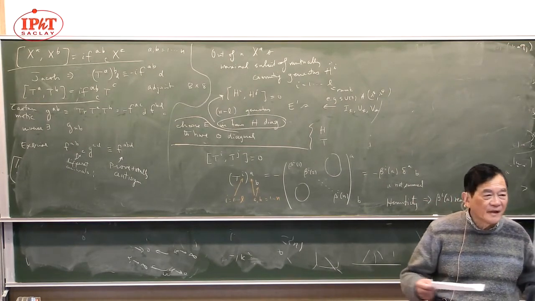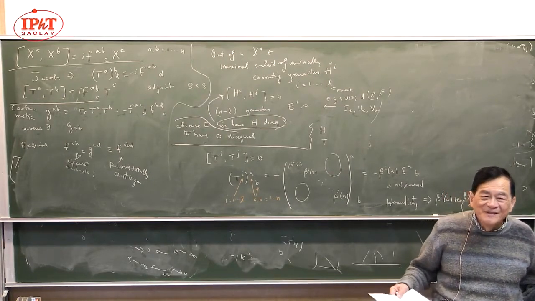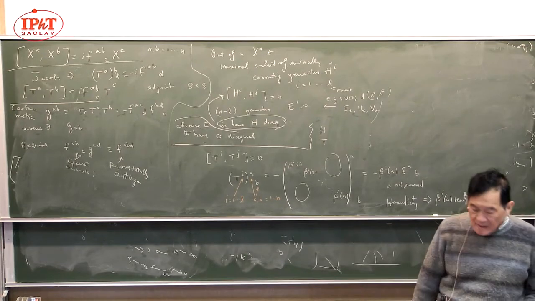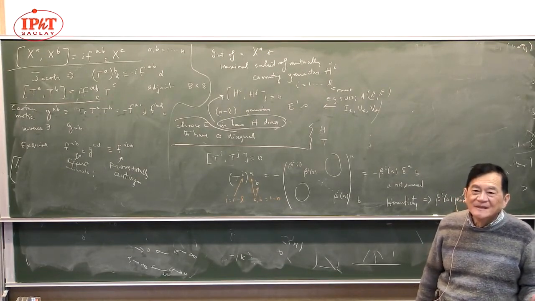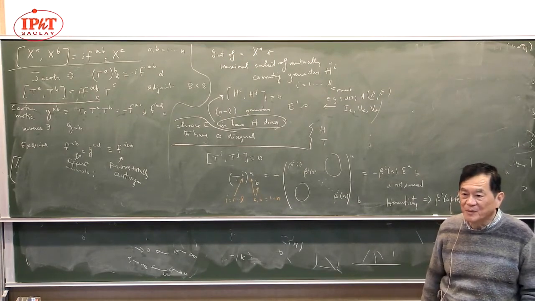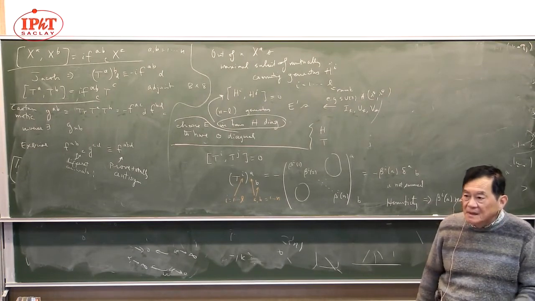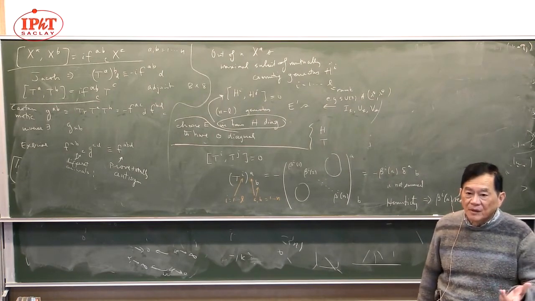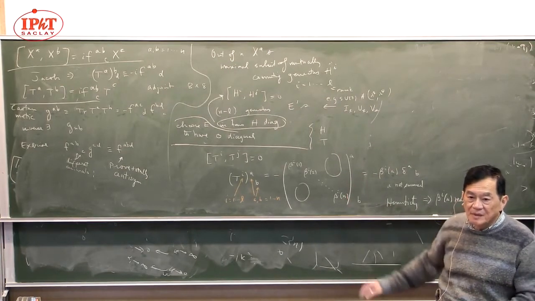I won't identify the student, but I realized he was a little bit confused, because he said for SO3, the three generators are antisymmetric matrices. How can you diagonalize them? Well, you can diagonalize one of them. You cannot diagonalize all of them. If you diagonalize one of them, the other two are no longer in the original basis. So you have to be careful in this discussion about which basis you're in.